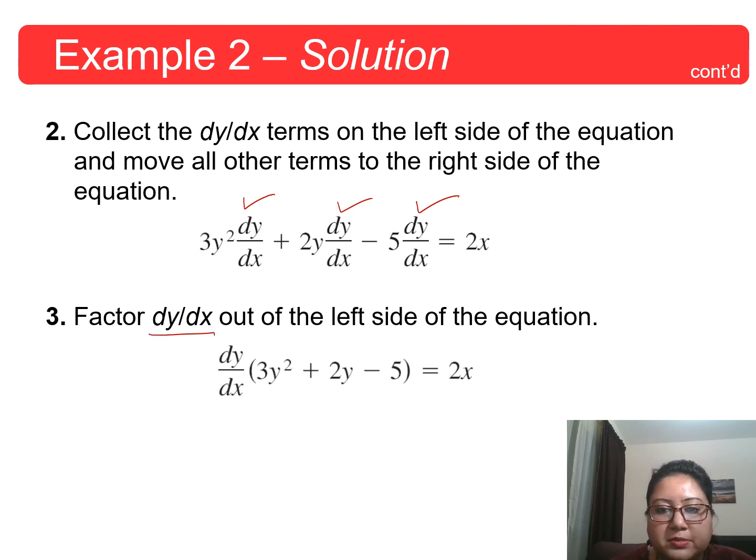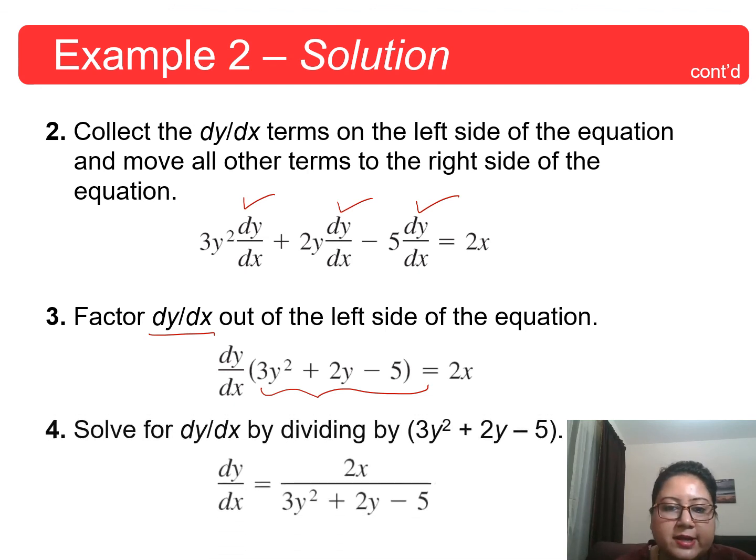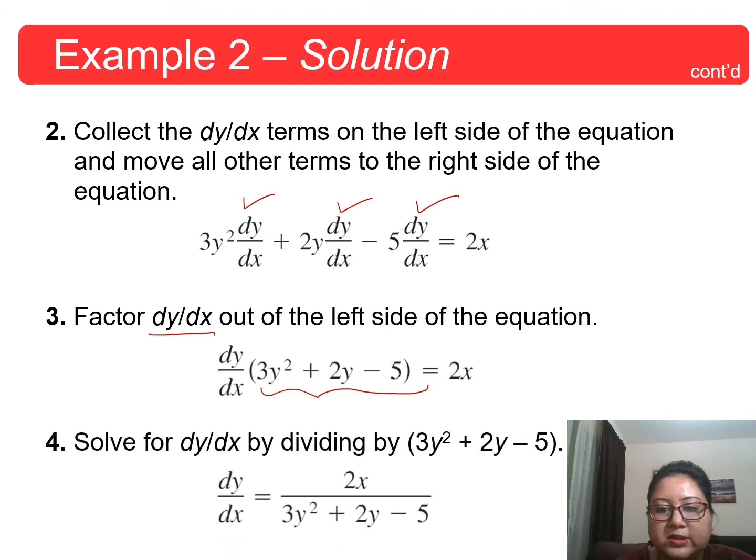Whatever is common, we take in brackets, and that gives us a polynomial 3y square plus 2y minus 5. And in the last step, we divide by this common factor, this polynomial, to get our dy by dx. So this is your final answer, which completes your implicit differentiation.